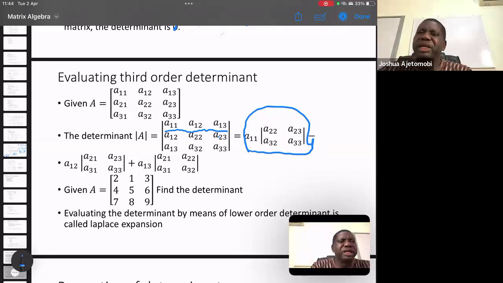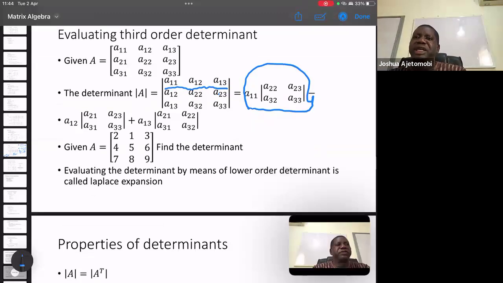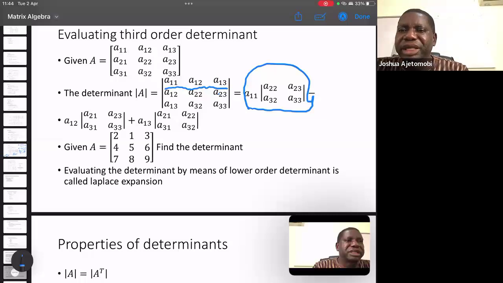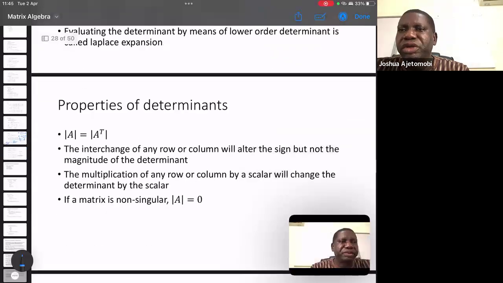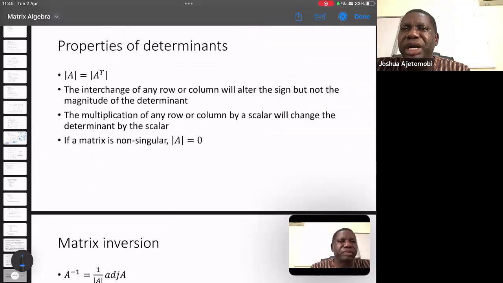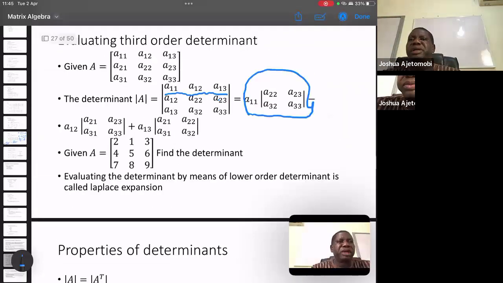So usually, when we evaluate by means of lower order determinants, the process is called Laplace expansion. I think the best thing here is to work with an example from beginning to the end so that we understand the process.